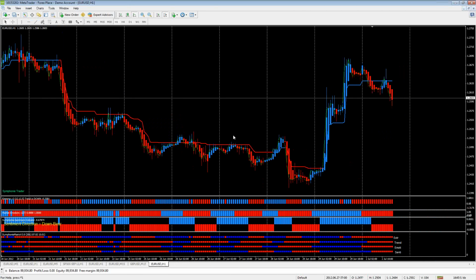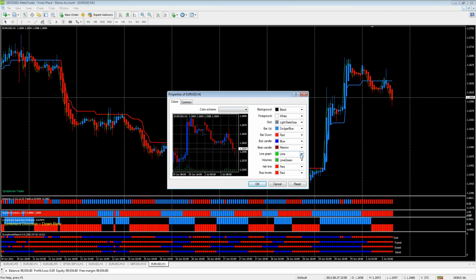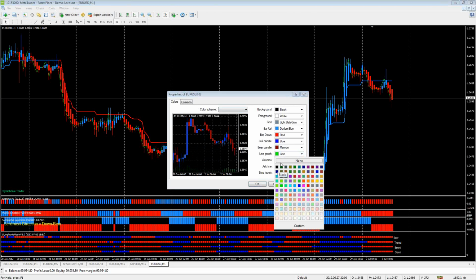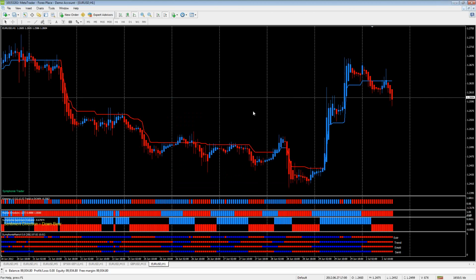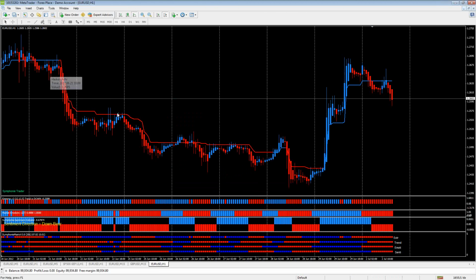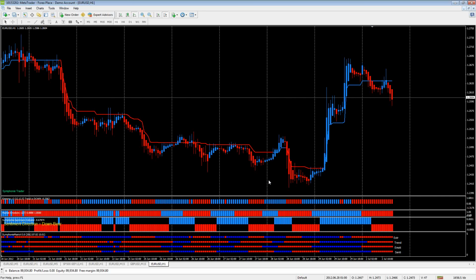And if you want to make this clothesline disappear, you can always change the line graph to none. So you can use Heikin-Ashi to filter out some of the distracting or noisy candles.